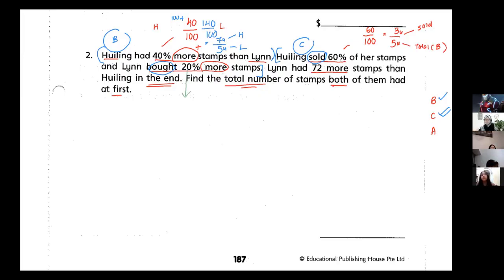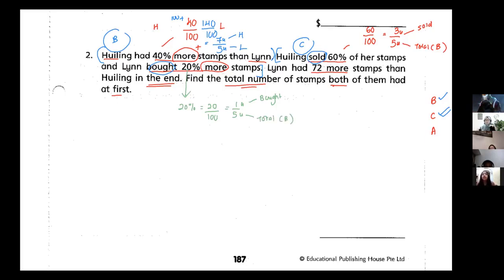We write it down as 20 over 100, and then simplify to get 1 over 5. This is units as well. This is what she bought. This is what she had in total at first, so this is the before.